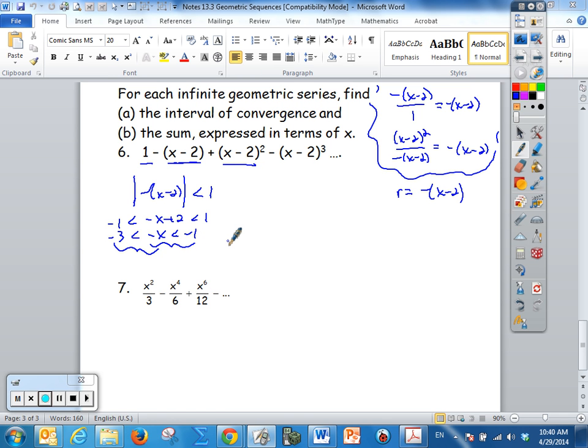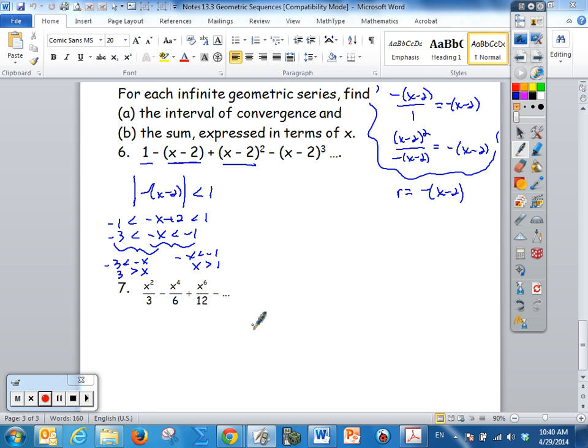So I have negative x is less than negative 1. And remember the rule about dividing by negative, what happens to the inequality? It flips. Or you can just add that one over and add that one over, however you want to think about it. So x is going to be greater than 1. And on this side, we have negative 3 less than negative x. And again, we're going to have x is less than 3.